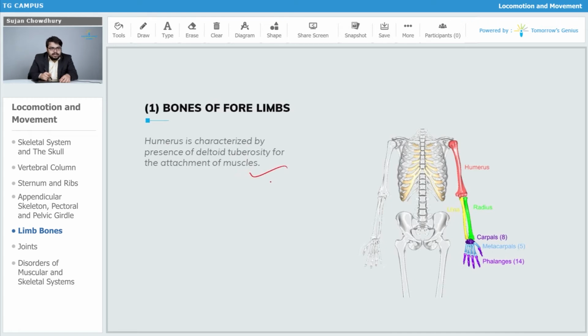If you observe the well-developed ultrastructure of humerus, we can understand that there is a deltoid tuberosity which helps in attachment of muscles to the bone. And yes, the muscles, by contracting and relaxing, help in the movement of our body parts.